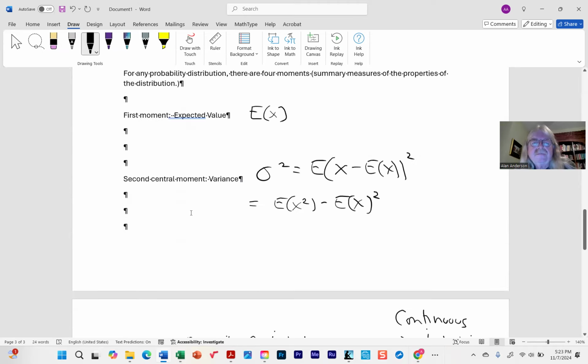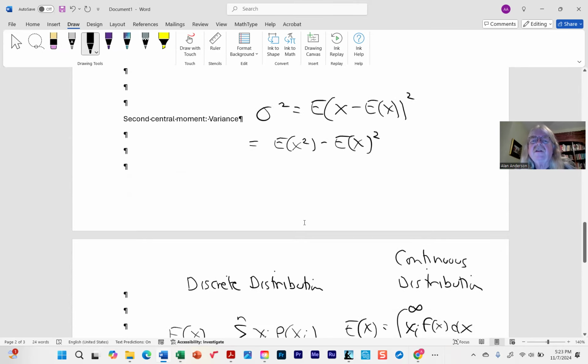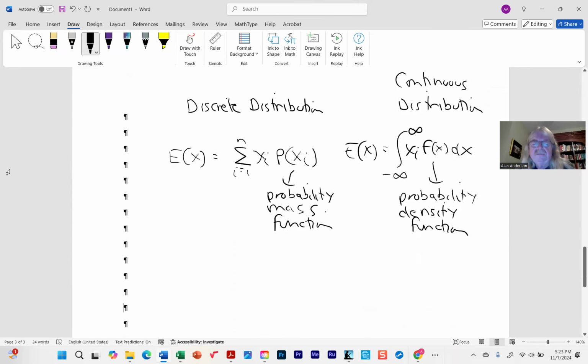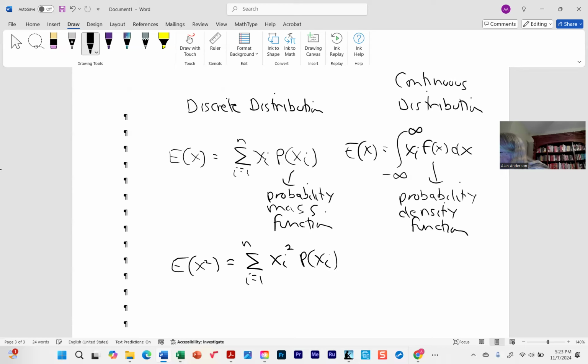So the variance is taken directly from there. So how do you calculate, by the way, E of X squared? It's just a simple matter of replacing X with X squared here and over here. Again, the same thing.